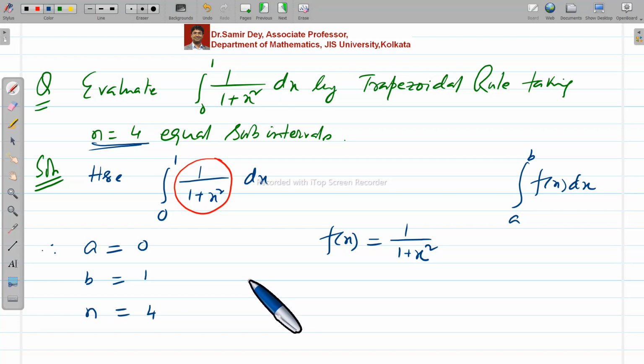You need to identify which. Next, f(x) is the coefficient of dx, that's why it is 1 by 1 plus x square.